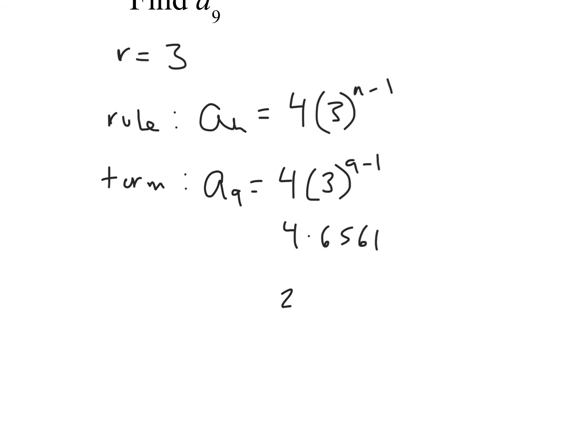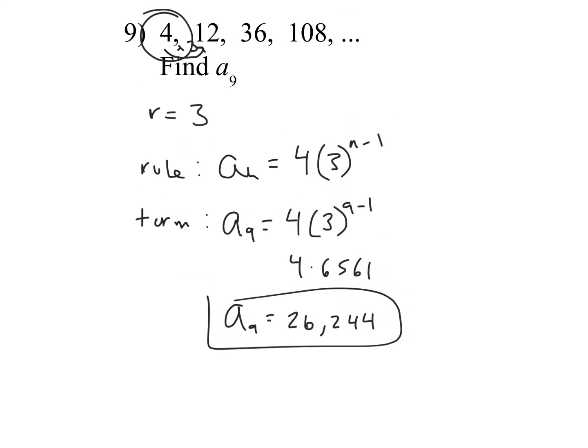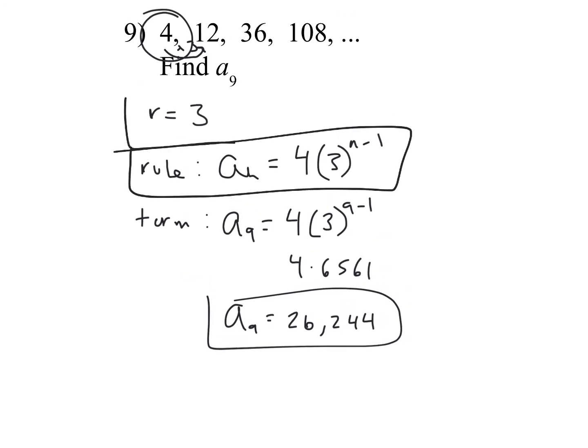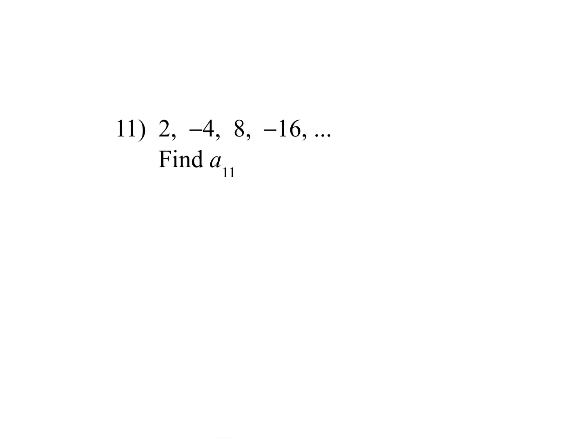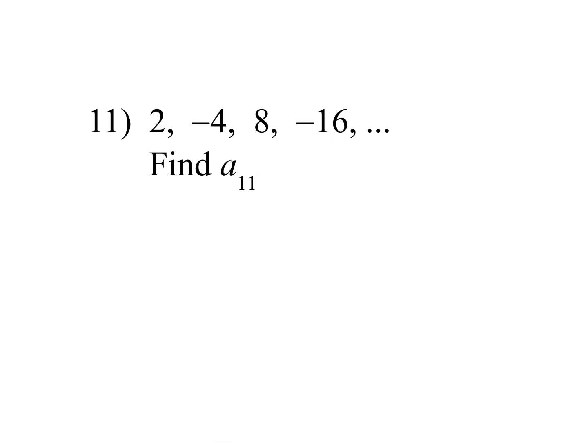So that gives us 26,244. So that's our term, this is our rule, and this is our common ratio. Our 3 answers there. Any questions on that one? Wait, can you go back? Yep.